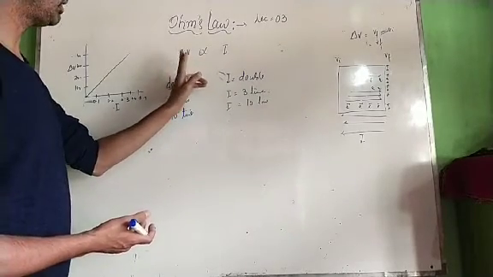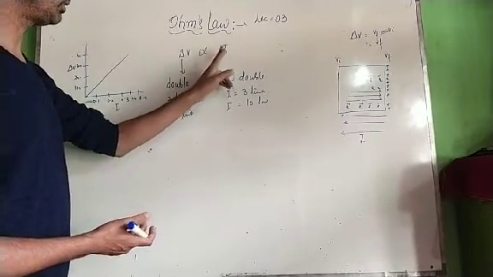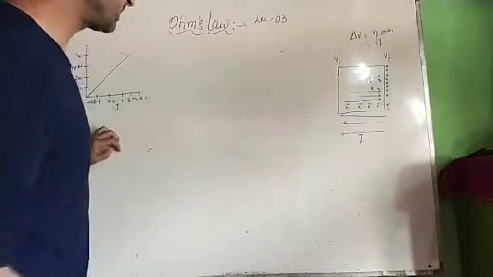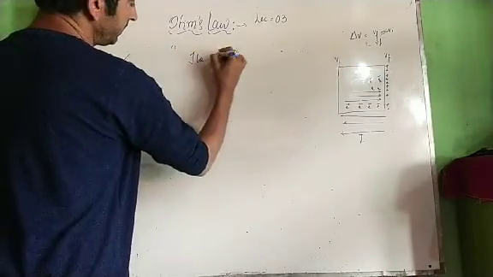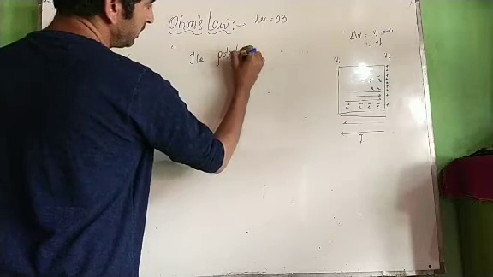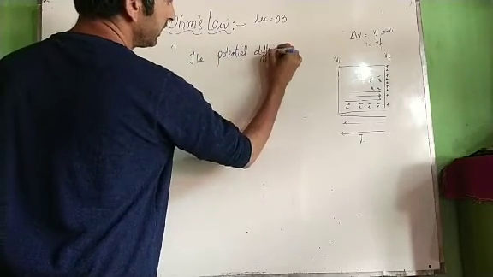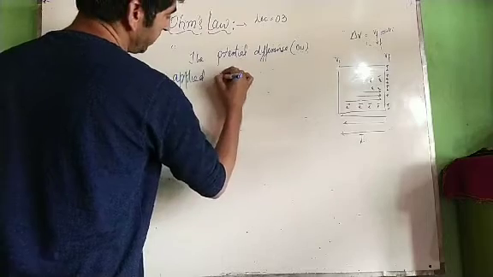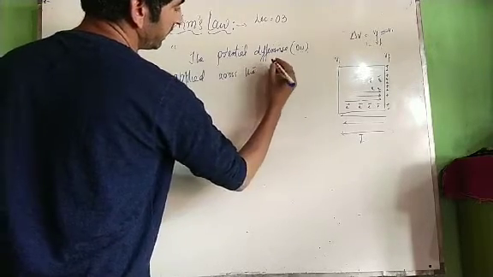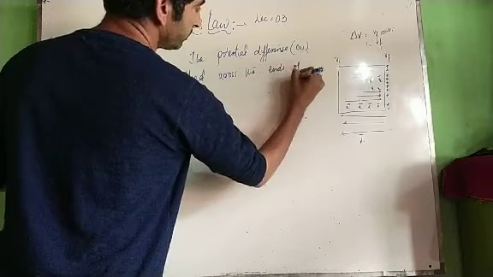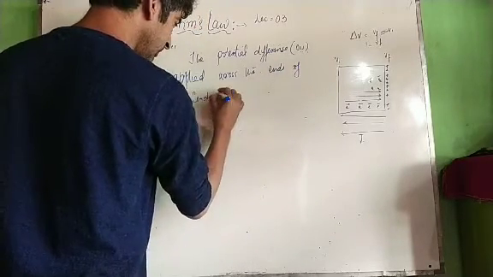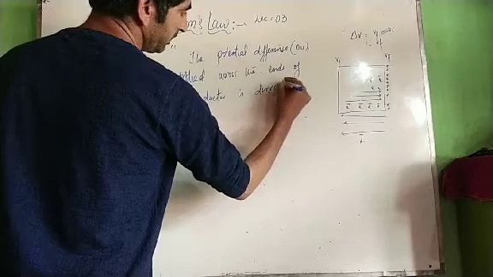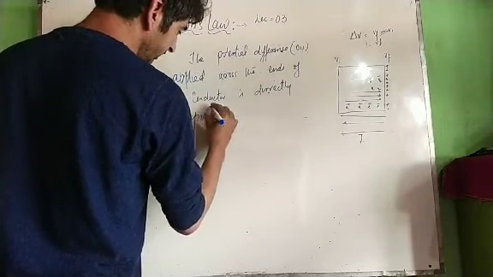We can state this law as: the potential difference, that is del V, applied across the ends of a conductor is directly proportional to the current flowing through it.